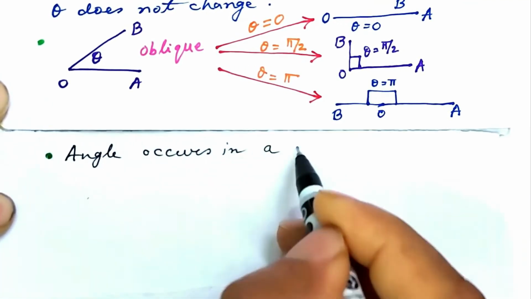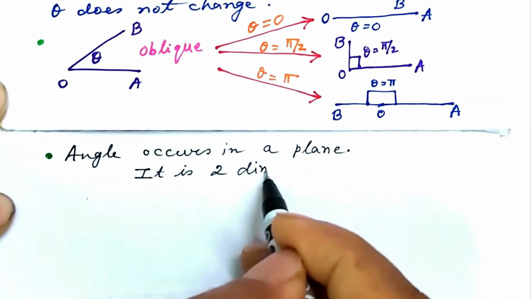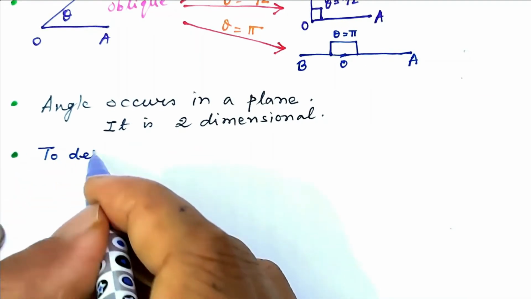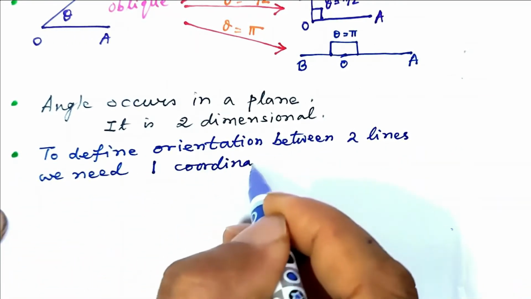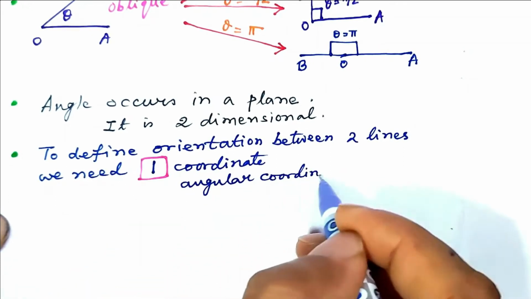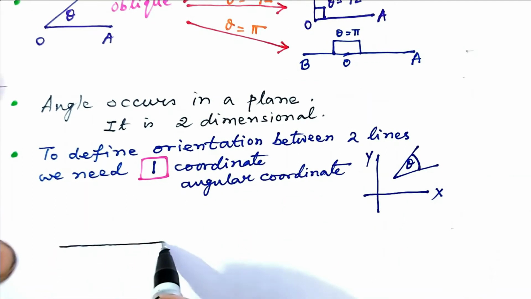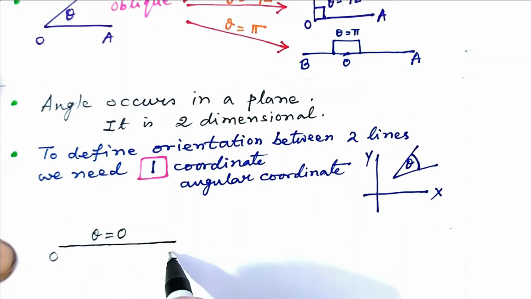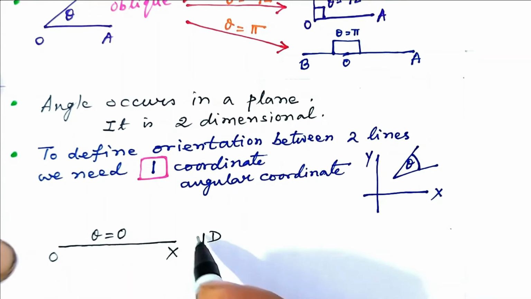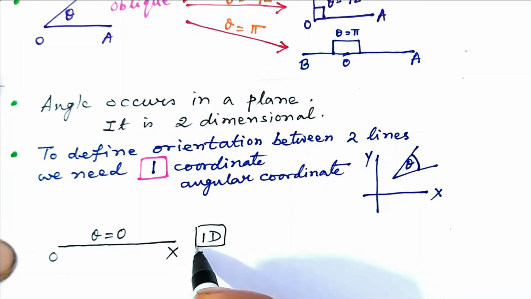Angle occurs in a plane. It is two-dimensional. To define orientation between two lines, we need one angular coordinate, say theta, with theta equal to 0 on a line OX. In 1D, the concept of angle is not a feature or characteristic of one dimension. It does not make sense in one dimension.